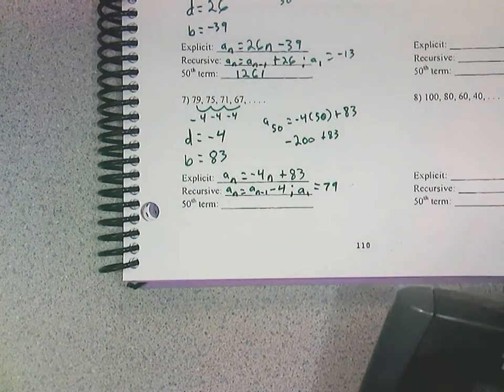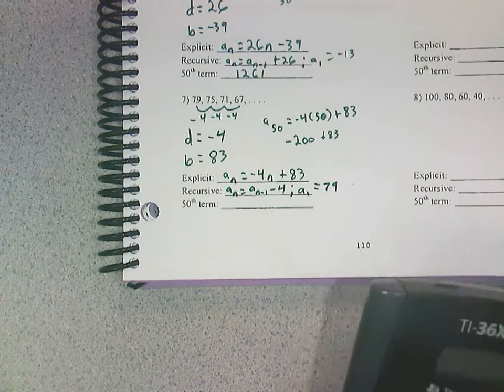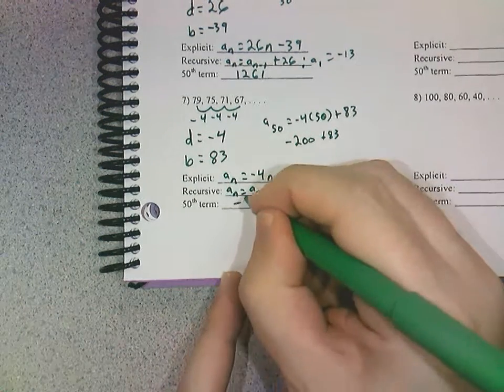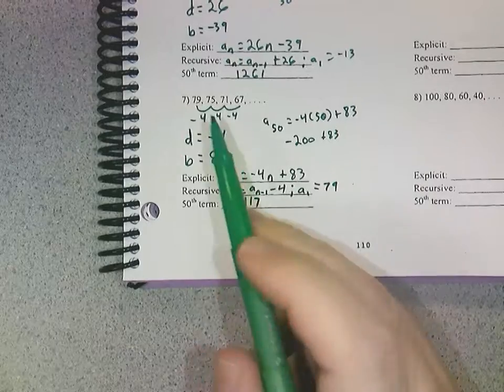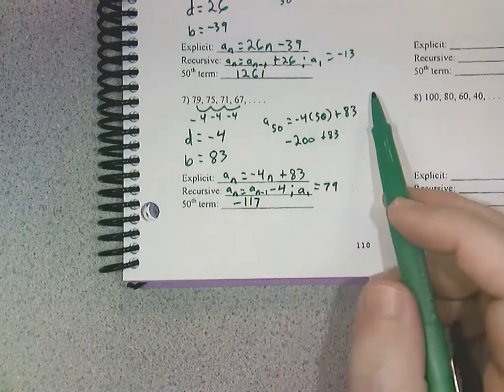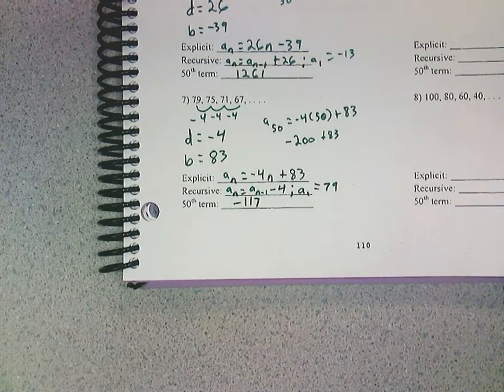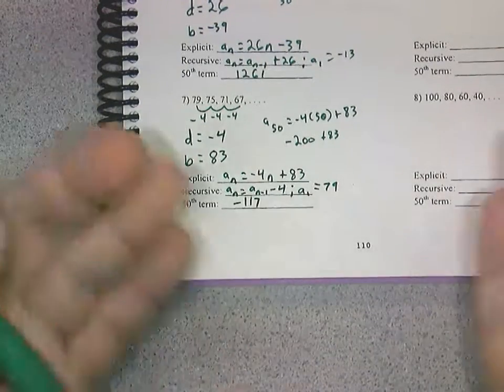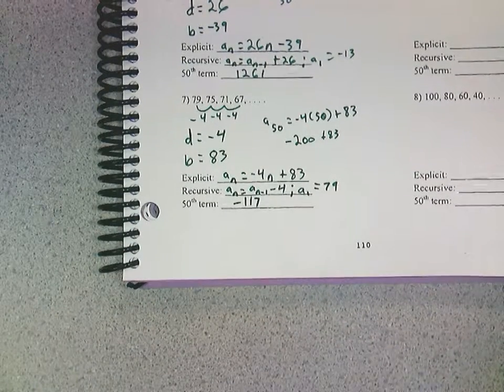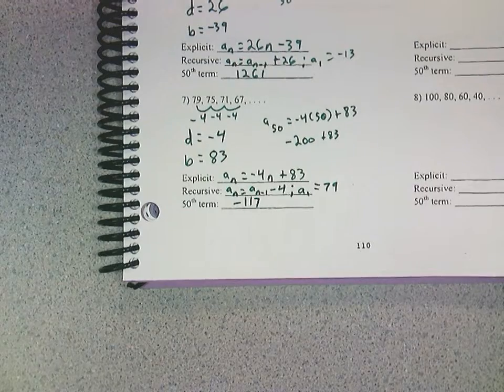So -200 plus 83 is -117. And that would be your 50th term. If you kept going 50 times, you'd end up at -117. And that is basically what you're doing with arithmetic functions, or sequences, sorry. Functions was last year.